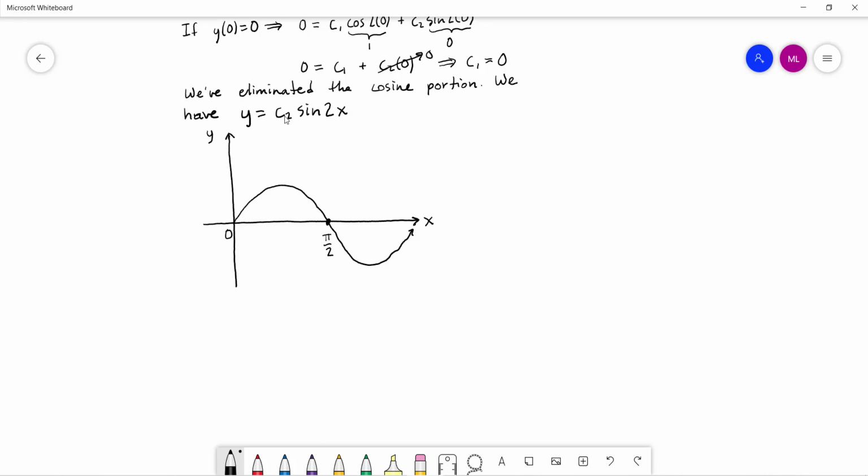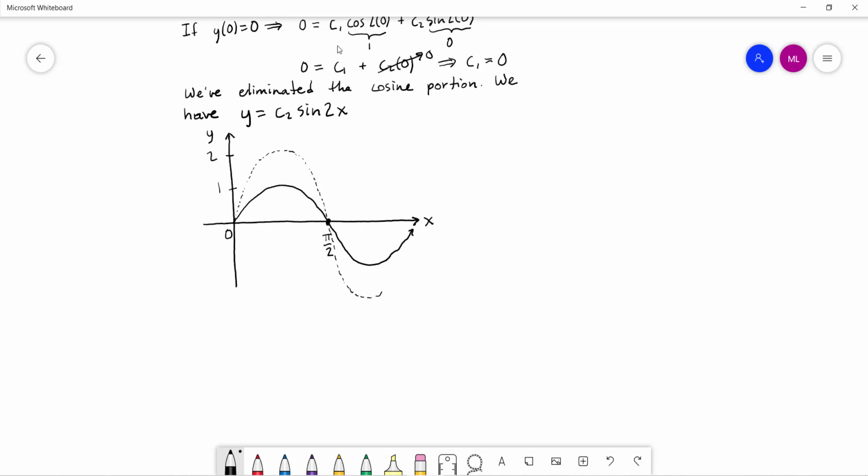But we haven't touched on what C2 is. So far, we've kind of just presumed that if C2 was equal to 1, for example, then we would have hit a height of 1 right there. But maybe it's possible that C2 is 2, and then our picture would look like this. It would go up a little bit higher before coming down, right? Our amplitude would be double what it previously was, so it would go up to a height of 2 instead.